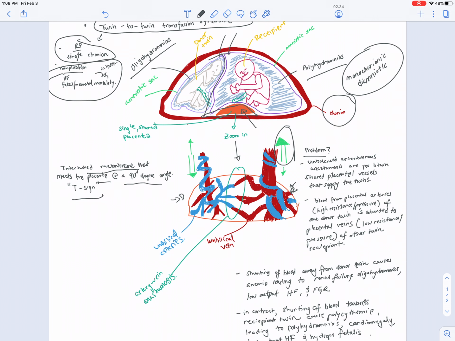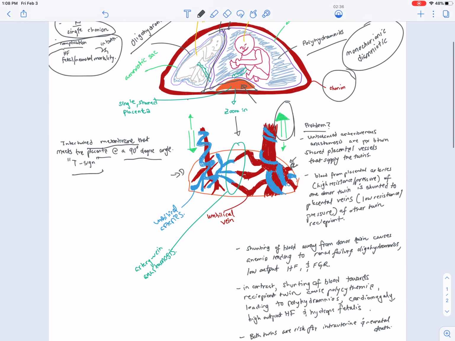Like I say over here, you can read it right here: blood from the placental arteries, and remember the ones that are arteries because it's deoxygenated here. The arteries are high resistance pressure of the donor twin, so it's going to come downward and become shared with the recipient, and the recipient receives all that blood and brings it back up.